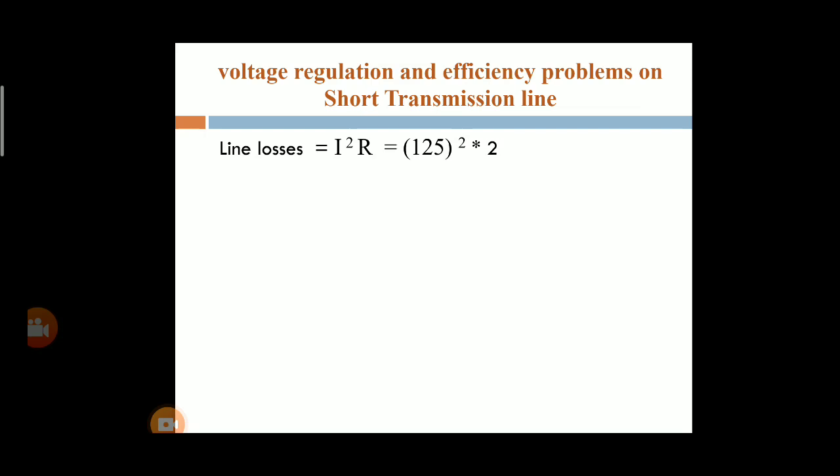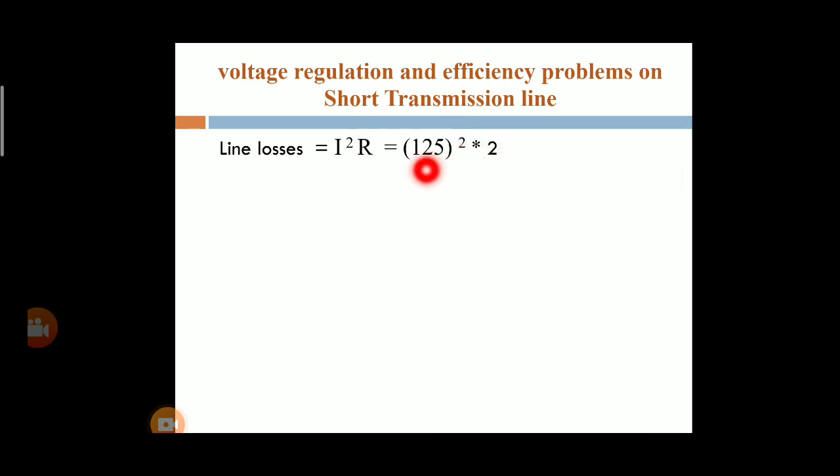Next, coming to the line losses. What is the formula for the line losses? That is I square R. Where I is 125, whole square, into 2.